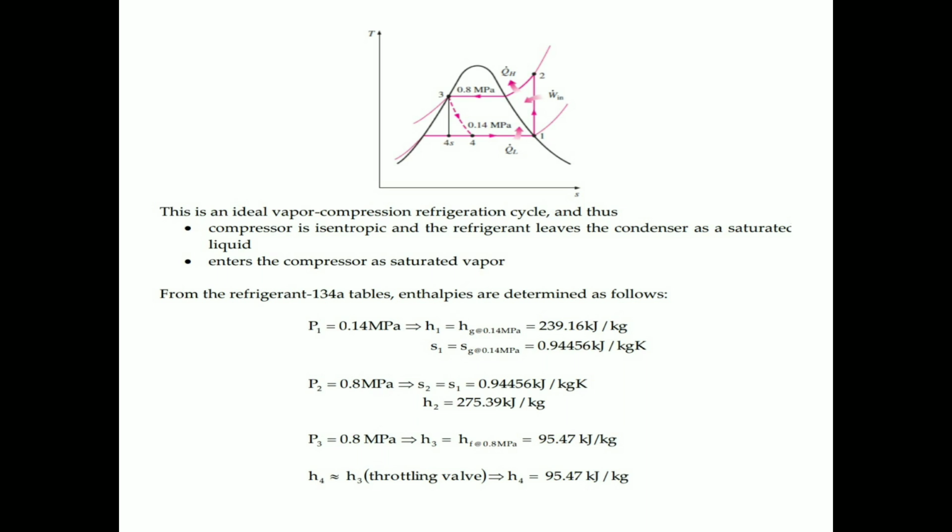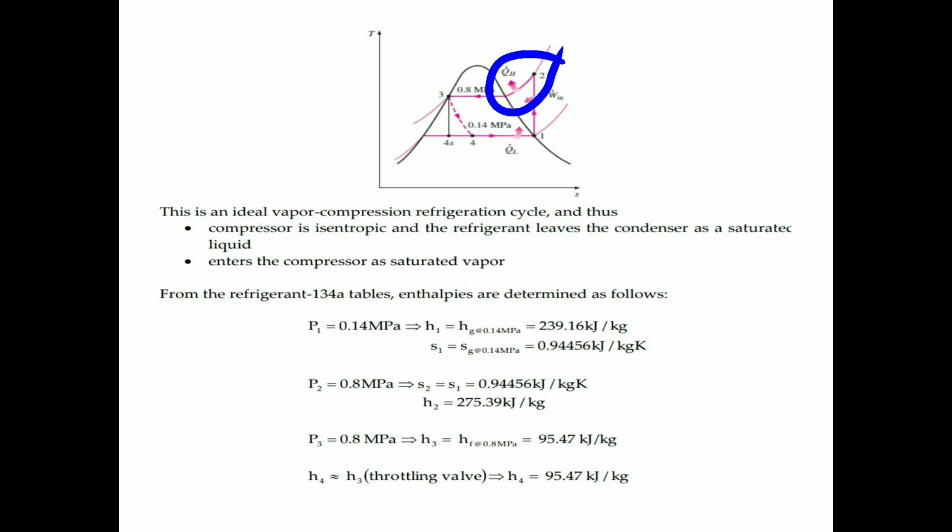be directly given. You have to find out H2. For that, they will give the Hg at 0.8 megapascal, and there will be given the temperature limit, that is called degree of superheat.